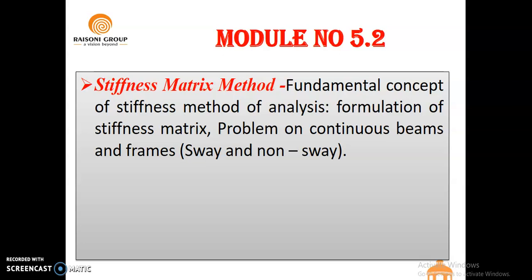Stiffness matrix method: fundamentals of stiffness matrix, its concept, then formulation of stiffness matrix for complex problems, then problems based on the stiffness matrix method of analysis of continuous beams and frames.